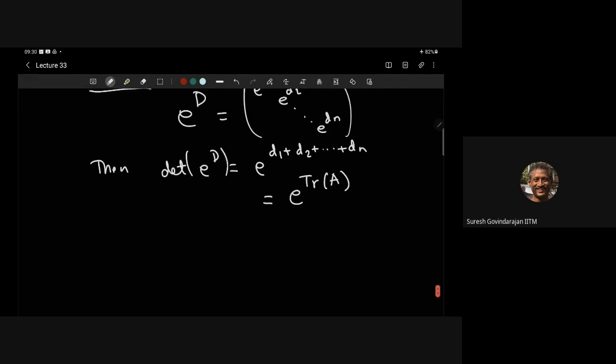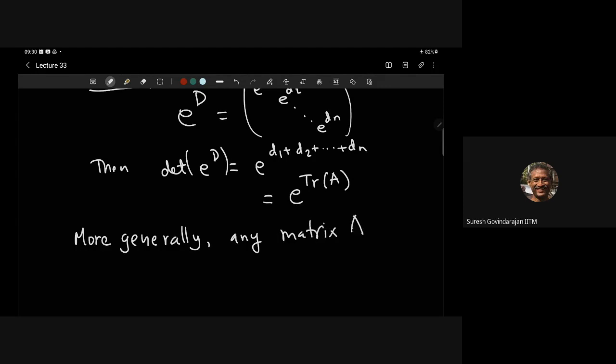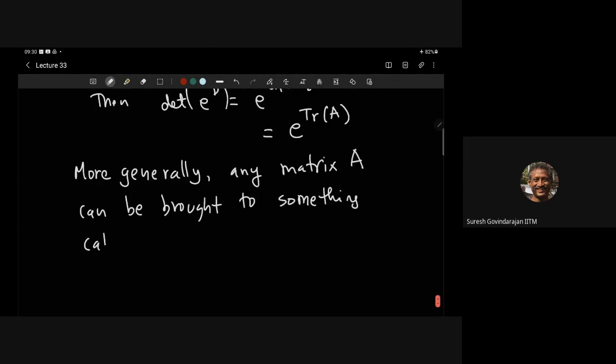More generally, any matrix A can be brought to something called the Jordan canonical form. Jordan is the correct spelling and pronunciation, but in English we say Jordan.